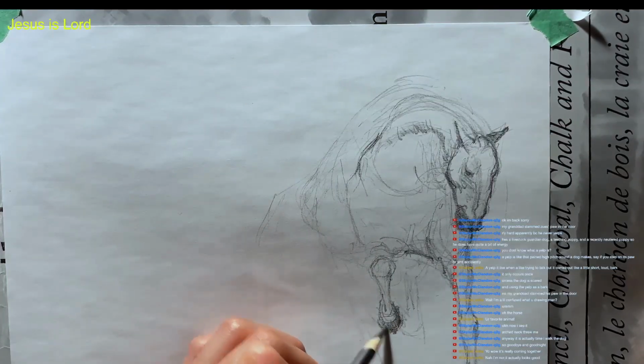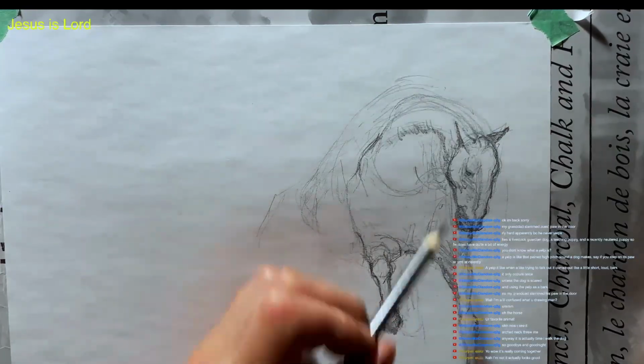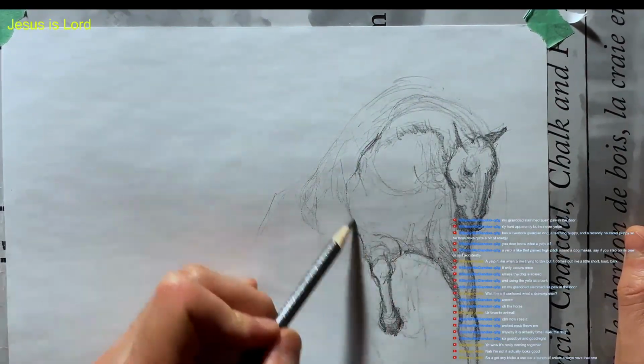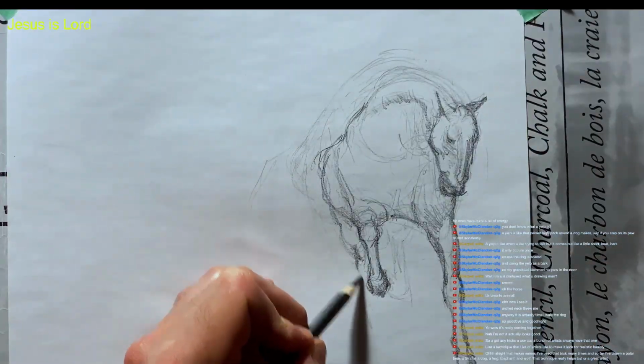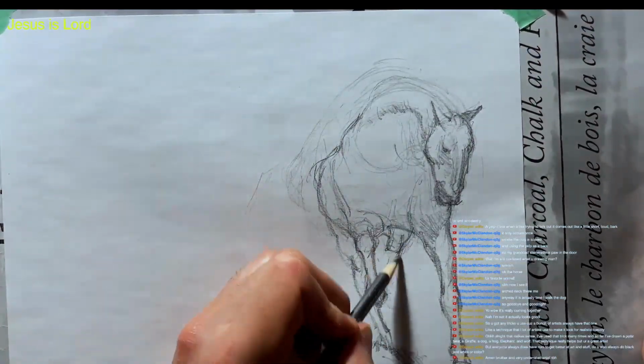Basically, I am looking at the images, and then I am trying to figure out what shape makes sense to draw, and then connect it to the shape that's next to it, and so on and so forth.